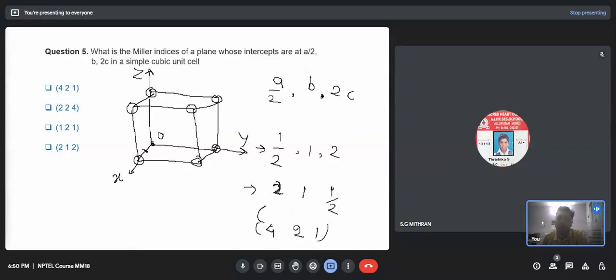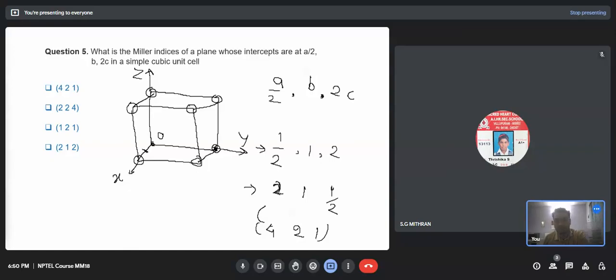This point we consider for a by 2, and for b it is intersecting at the y-axis at b, and for the z-axis it is intersecting at 2c.